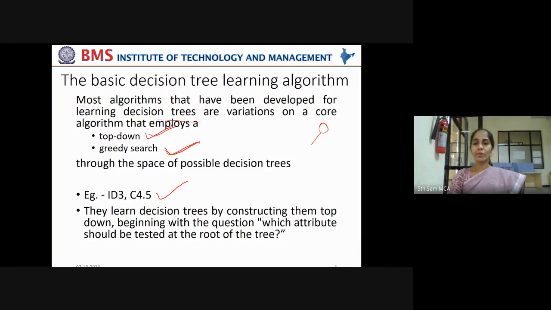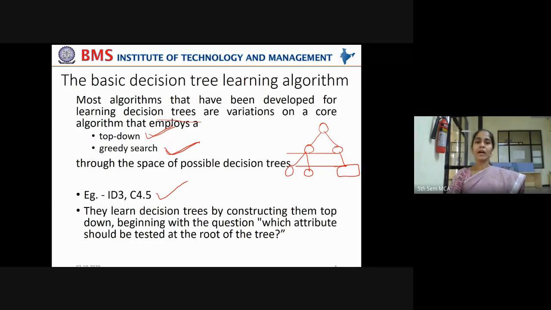We call this top down, right? It starts with the root node, branches to the leaf nodes, and that node again can be a subtree, or it can be the final leaf node. If it is a subtree, it may extend to another level. But if it is a leaf, then it can classify that particular training example clearly.